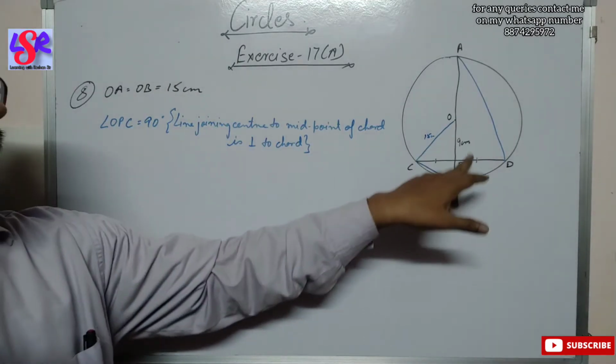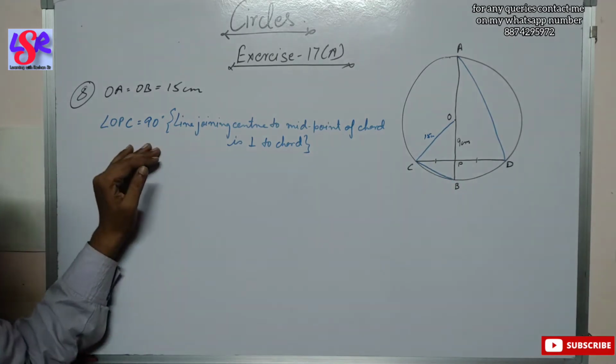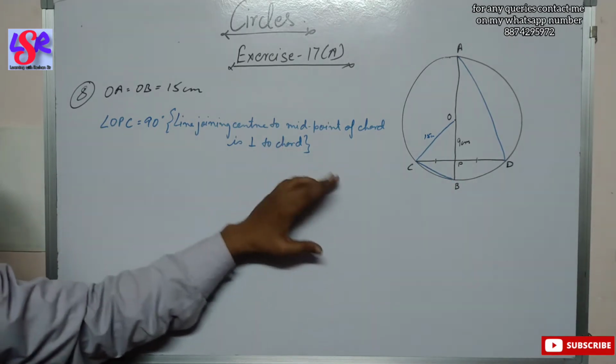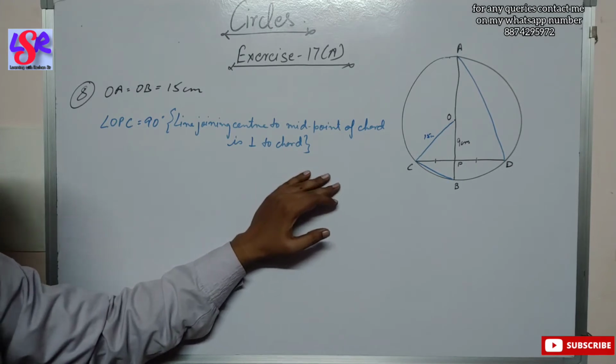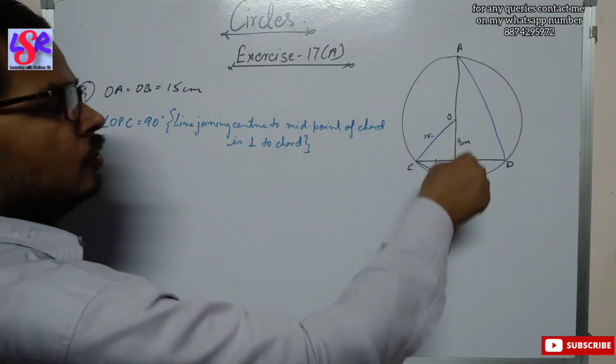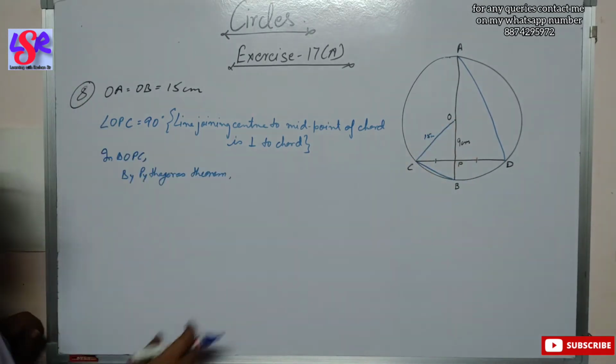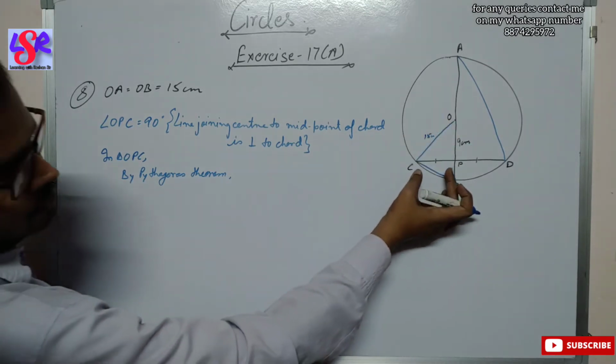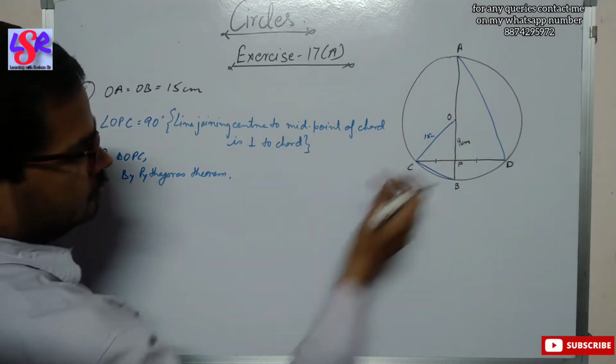So here angle OPC equals 90 degrees as the line joining the center to the midpoint of the chord is perpendicular to the chord. Now in triangle OPC, by Pythagoras theorem we get OC square equals CP square plus OP square.